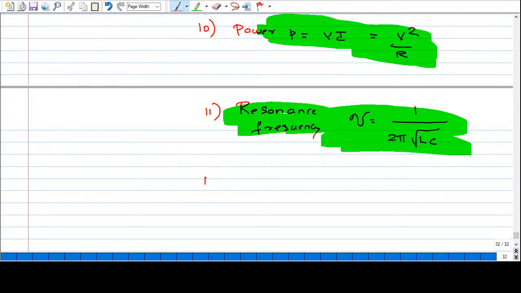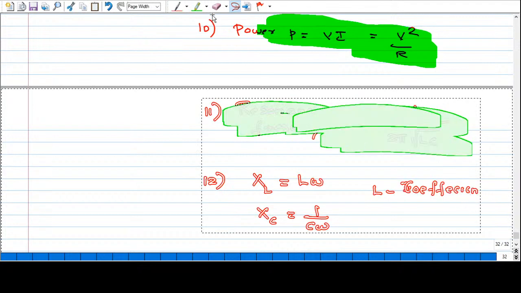And formula number 12, XL is equal to L omega is one of the formulas. XC is equal to 1 by C omega is the formula. XL is called inductive reactance, L is called coefficient of inductance.